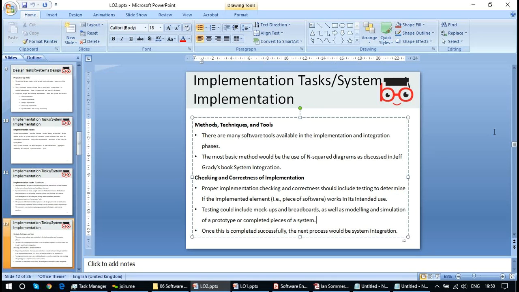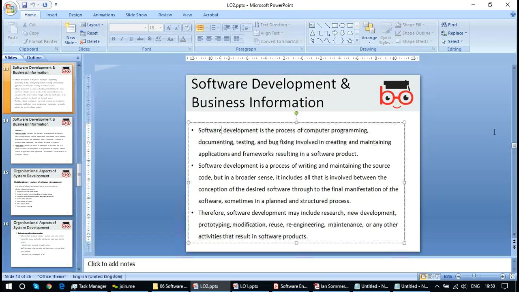However, a simulator could check the system as well, whether the implementation is done correctly or not. Once this is completed successfully, the next process would be the system integration.